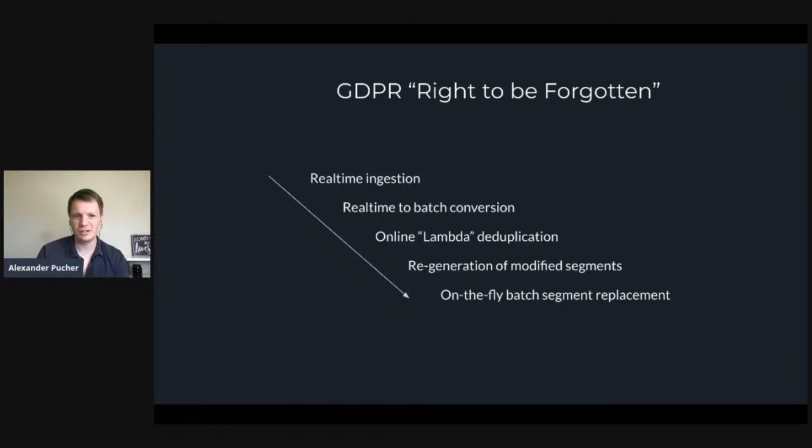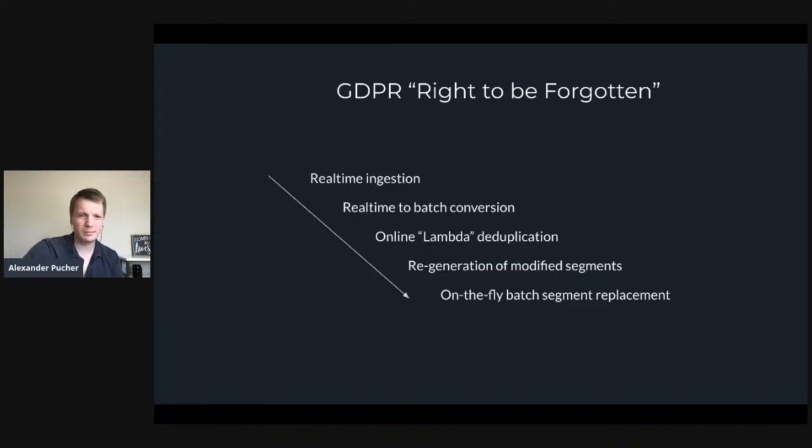You can then just replace these segments in the deep store, and eventually the service will pick it up, and therefore whatever data has to be deleted will be cleaned up and become unavailable on the fly. And this process can be repeated in arbitrary time intervals. So you're not really tied to a specific point where you can either delete or not. This is just something that allows iteration and staying compliant overall.